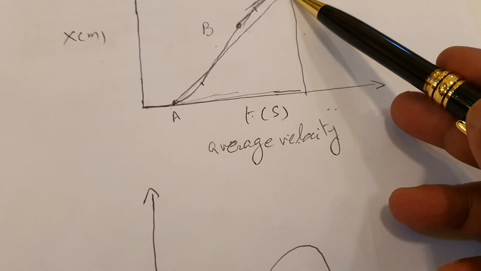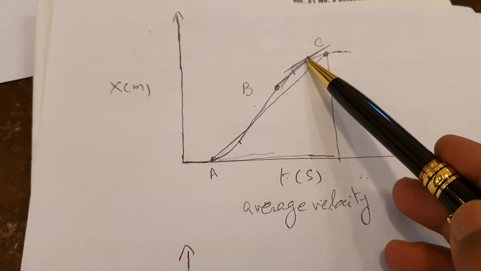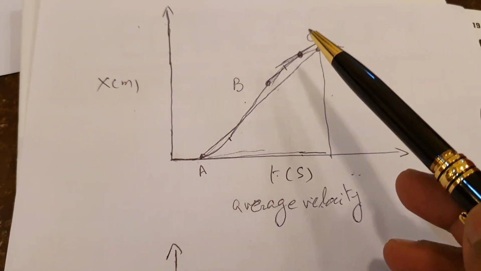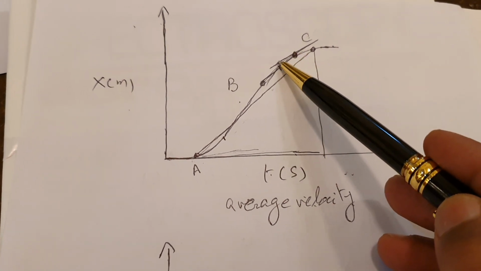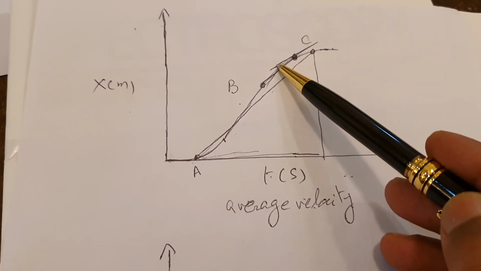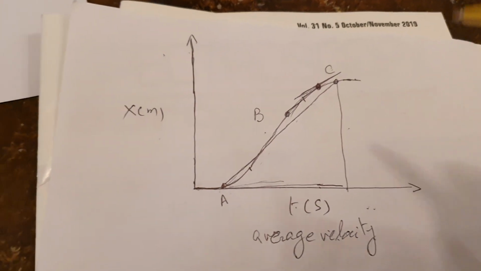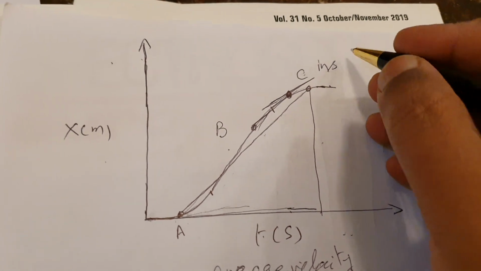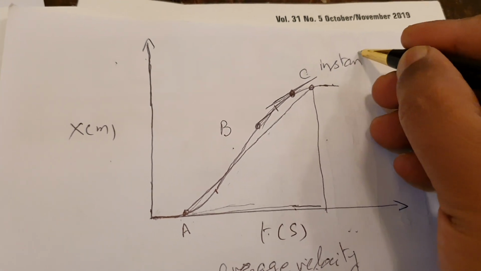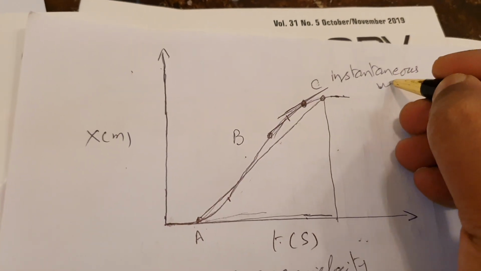That time interval may be 10 seconds or 15 seconds or 5 seconds, whatever. This single point corresponds to 1 second only. So if I draw a tangent line and calculate the slope on a single point, that would give me instantaneous velocity. So I would write here that this tangent line gives me instantaneous velocity.